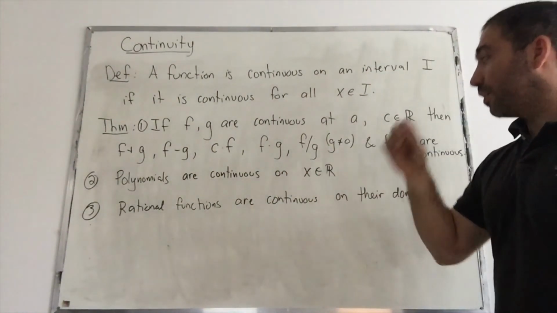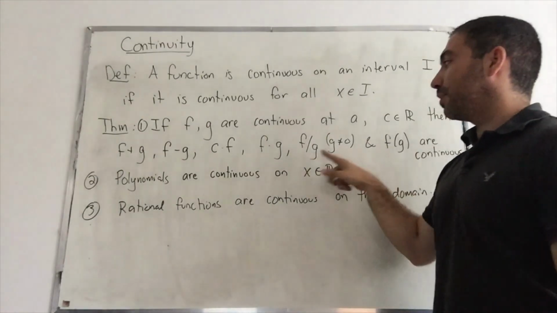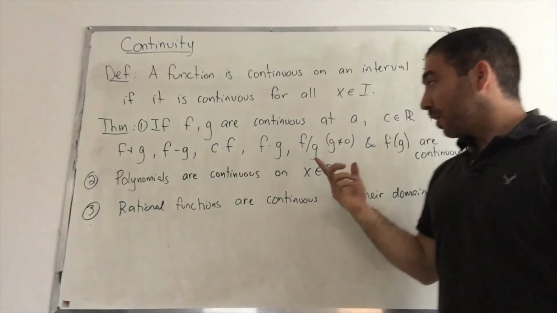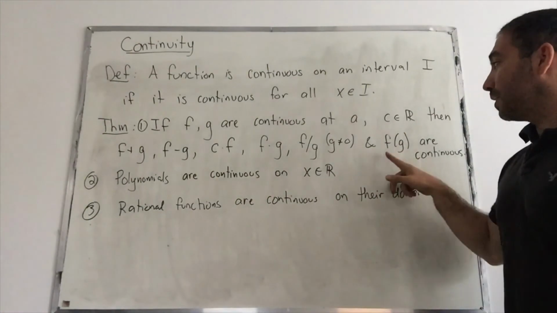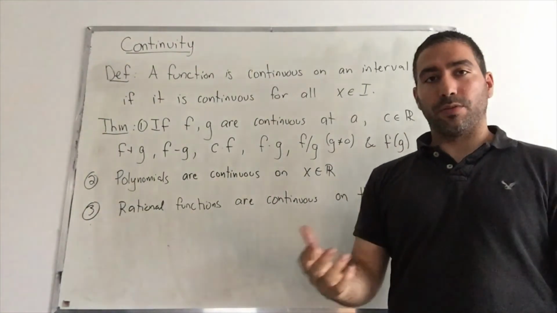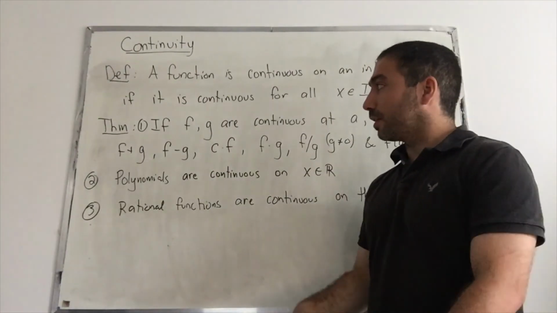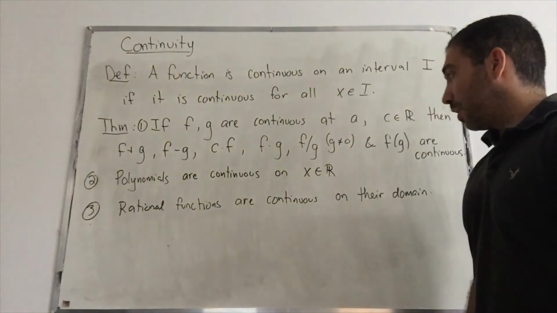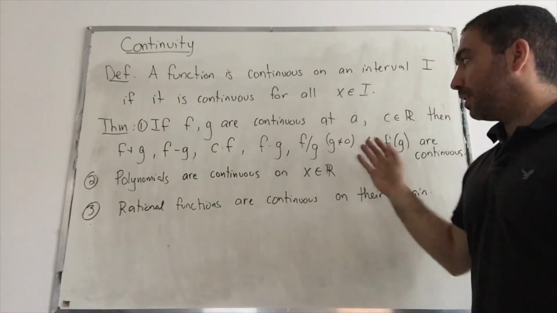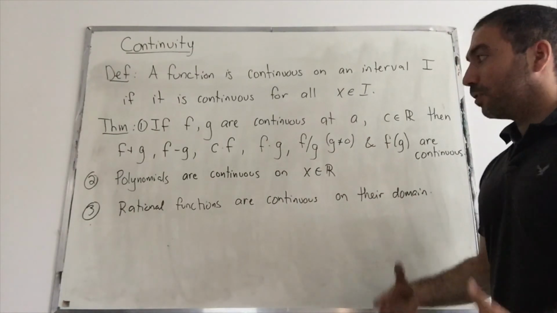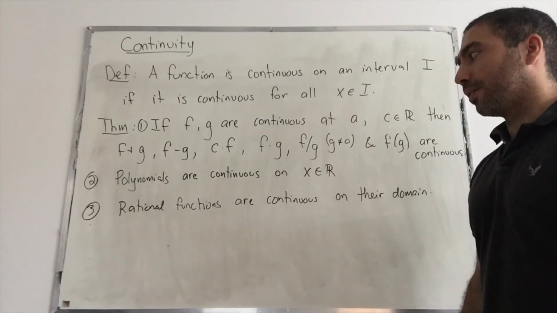If you divide two continuous functions, provided that the function on the bottom is not equal to 0, again, we have continuity. And lastly, if we have the composition of two continuous functions, they remain continuous. So continuous functions are very well behaved, and doing these operations on them, we keep our continuity.